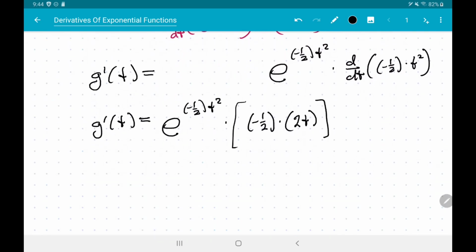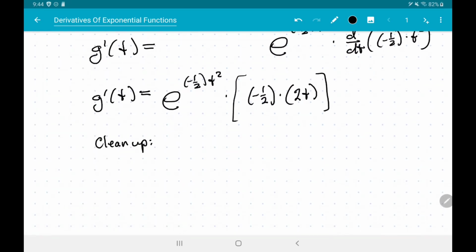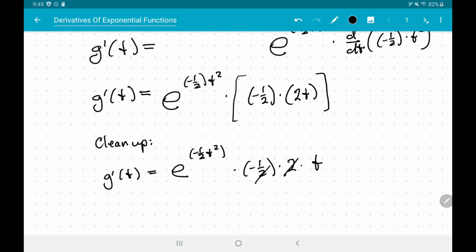At this point, we should do a little bit of cleanup because we've got a lot of multiplication. So if you look at this, we've got e to this negative 1/2 t squared times negative 1/2 times 2 times t. First, it's possible to cancel the 2's.